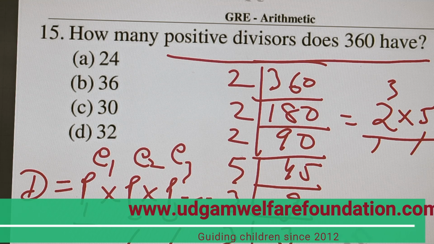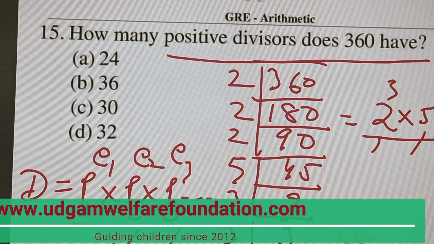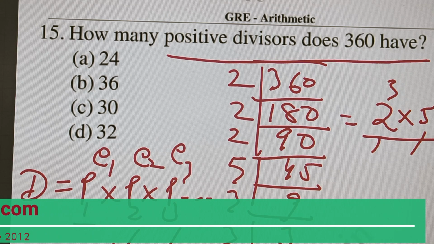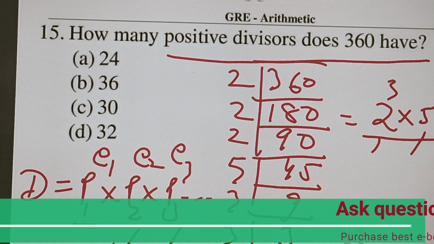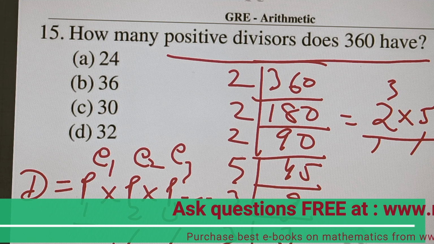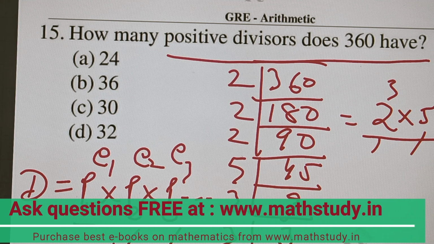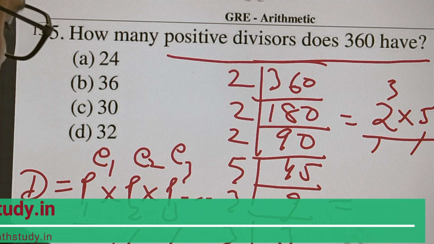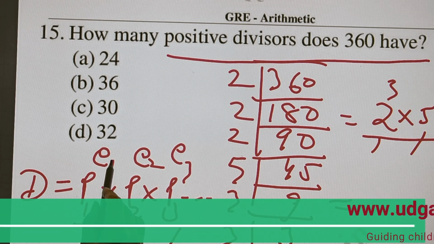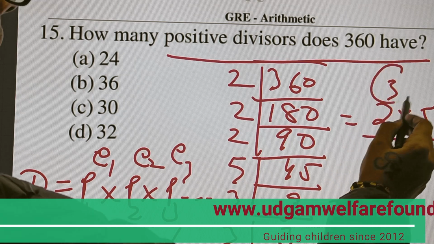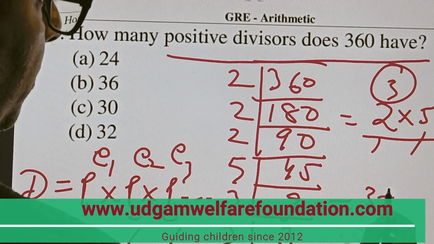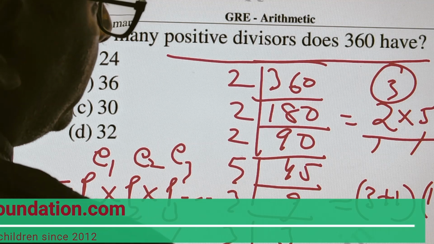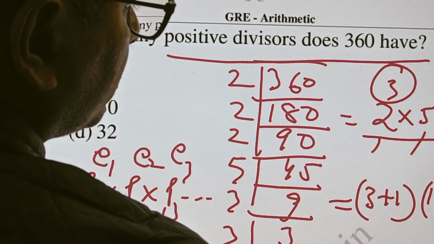After that, the number of divisors will be (e1 plus 1) into (e2 plus 1) into (e3 plus 1). So here e1 is equal to 3. So 3 plus 1 into 1 plus 1 into 2 plus 1.